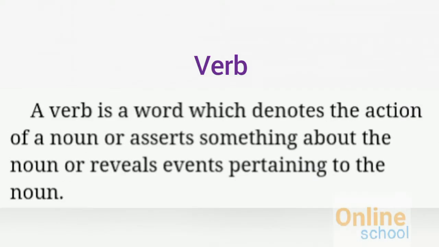So what is a verb? A verb is a word which denotes the action of a noun or asserts something about the noun or reveals events pertaining to the noun. Verbs are the action words in a sentence that describe what the subject is doing.